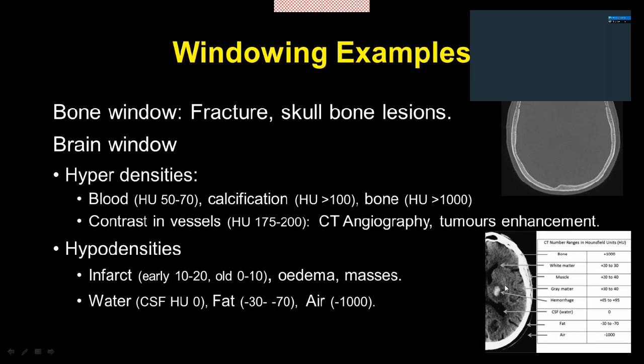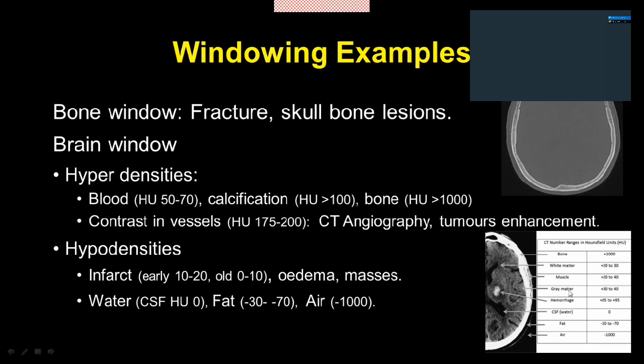So here we can find the hemorrhage as hyperdense, and it is surrounded by hypodense perifocal edema. This is the white matter, and it measures here between +20 to +30. The bone is +1,000. Here is the muscle or soft tissue structure of the CT brain, and it measures between +20 to +40.